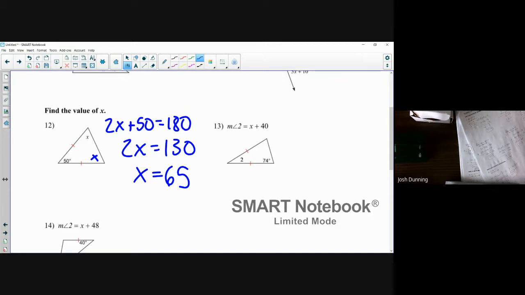On 13, says measure of angle 2 is x plus 40, so that's x plus 40. Then the other blank one got to be the 74. Isosceles triangles have their equal angles at the ends of the equal sides.